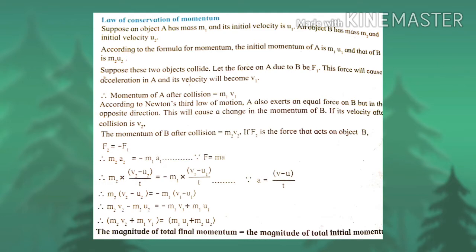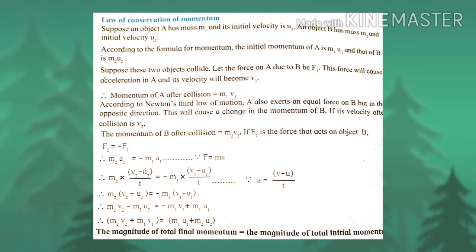According to Newton's third law of motion, body B also exerts an equal and opposite force on A, that is F2. Its velocity is v2 and momentum is m2 v2. According to Newton's third law, F2 is equal to minus F1.